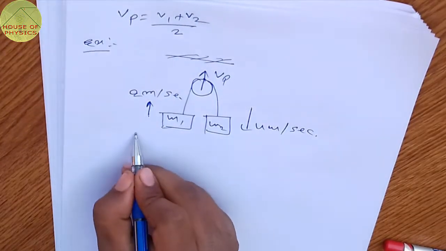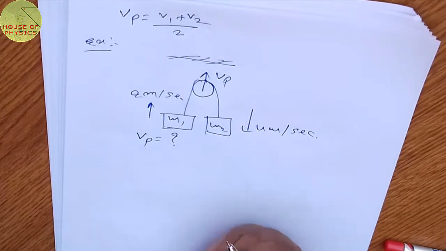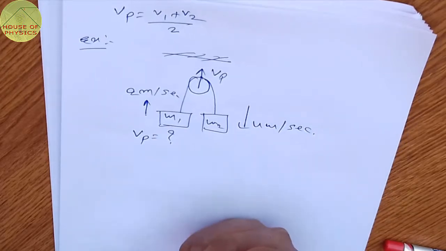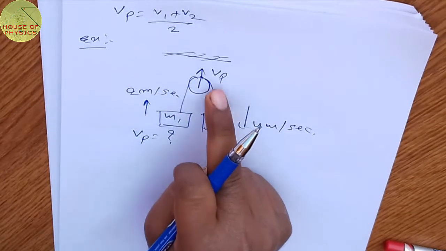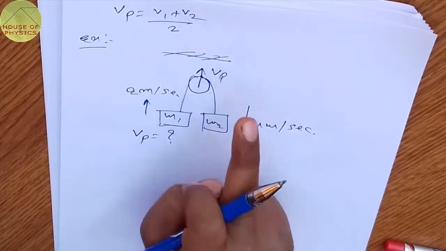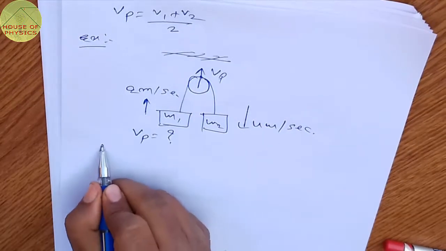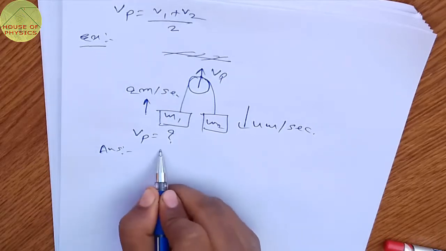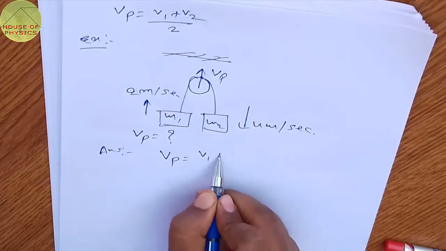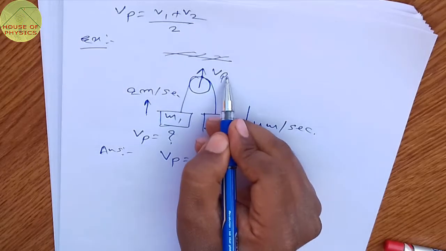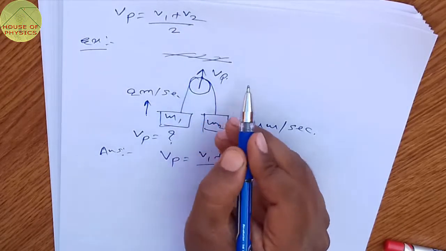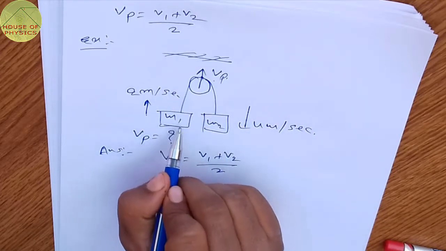Now the question is, what will be the velocity of the pulley? Very simple to identify. First, you identify that this is a 2 block pulley system, and for that I have one formula: Vp equals (V1 plus V2) by 2. We need to find this parameter, so we need not care about the sign for this one, but we need to think about the others.